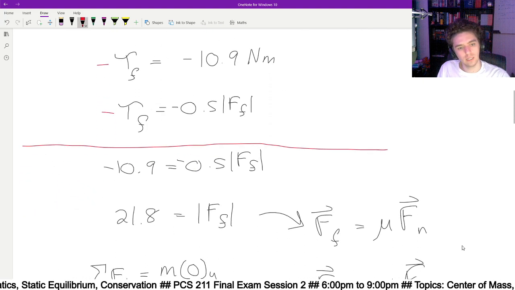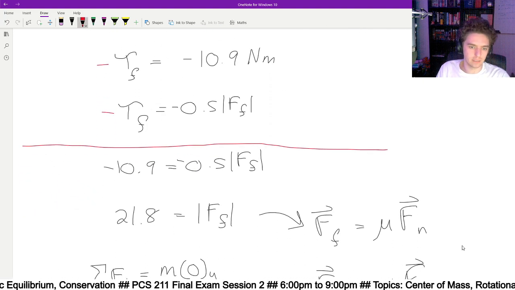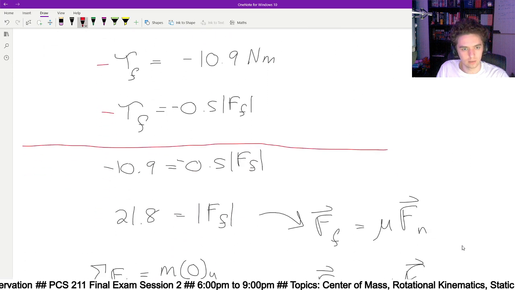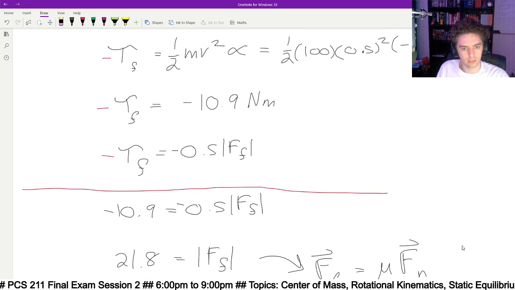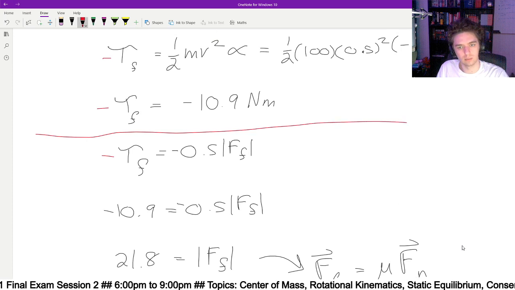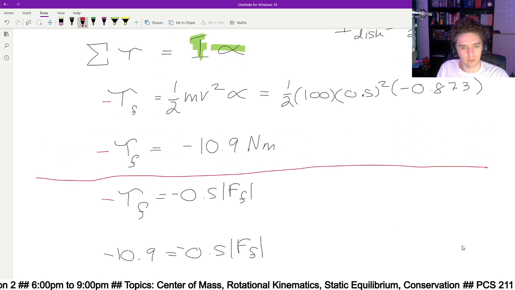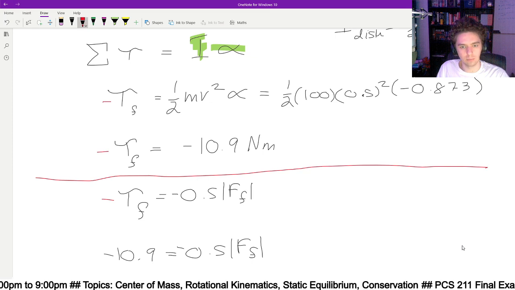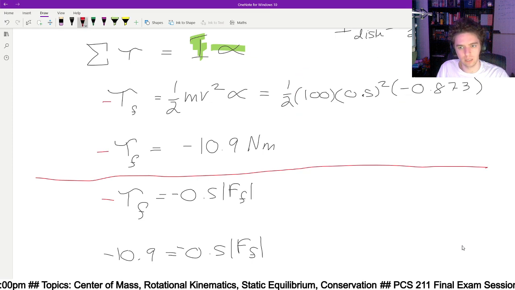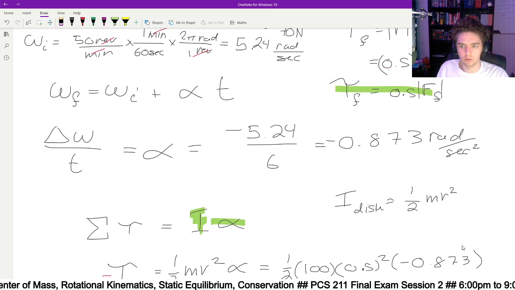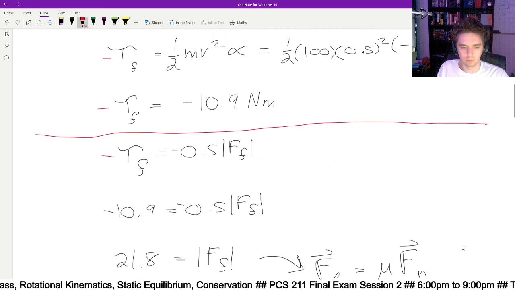So then here I end up with that negative 10. So I said over here, actually it's here that I stopped. Sorry, wrong place to put the line. So I said over here, negative torque from friction equals negative 10.9 Newton meters. That's what I calculated from this whole thing here. Then up there, I calculated the torque from friction is 0.5 times the force from friction.